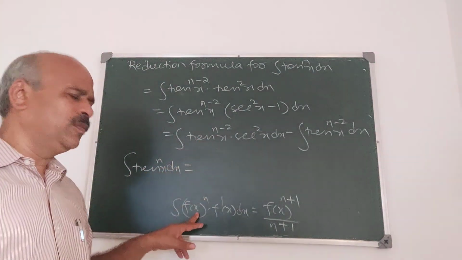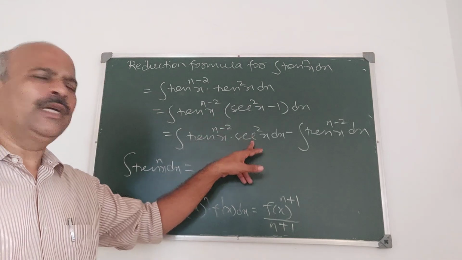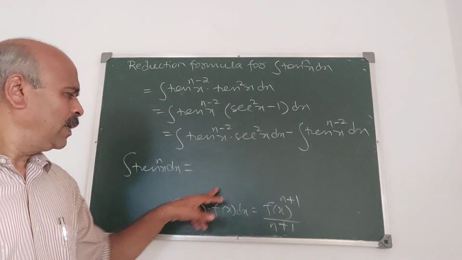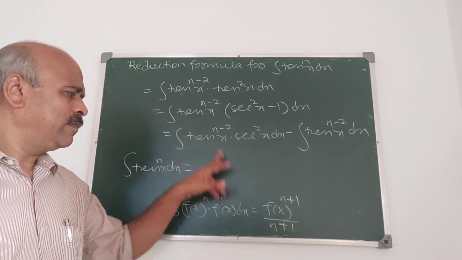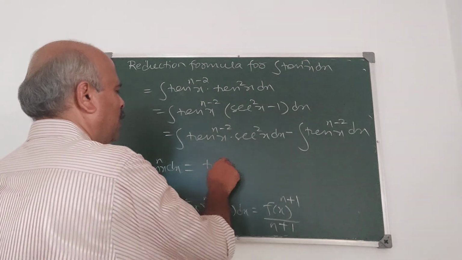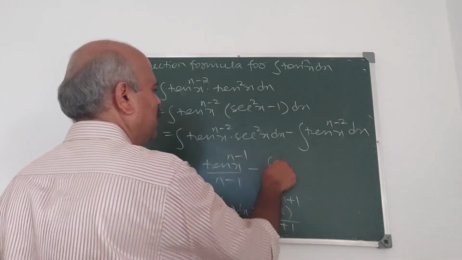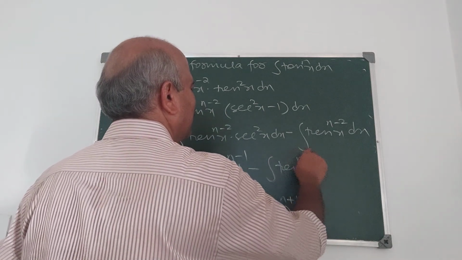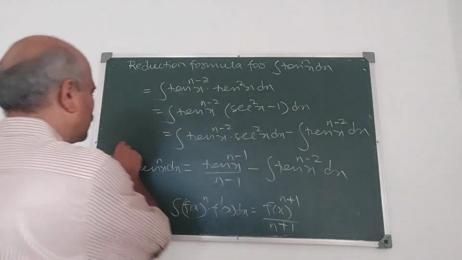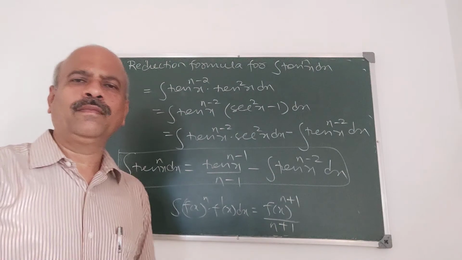It is exactly of this form, so you can directly use the formula. Here f of x is tan x. What is f dash x? Secant square x. Therefore, tan x raised to n minus 1 upon n minus 1, minus the integral of tan x raised to n minus 2 with respect to x.